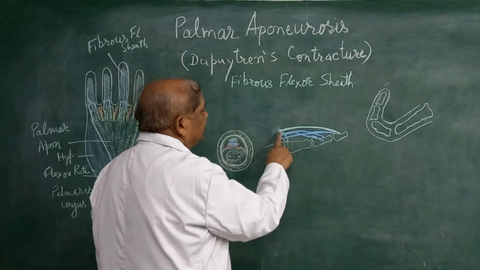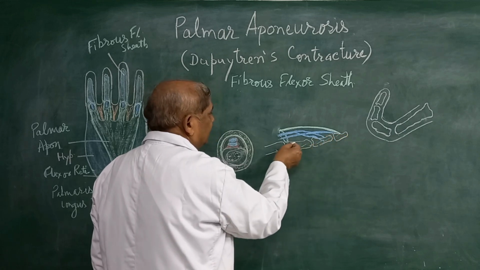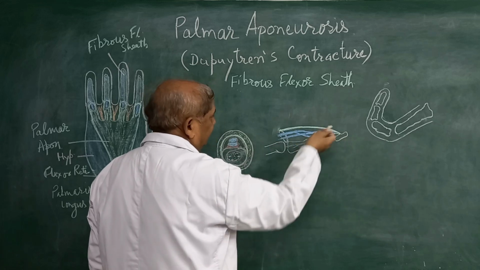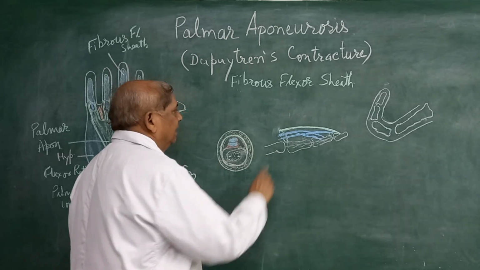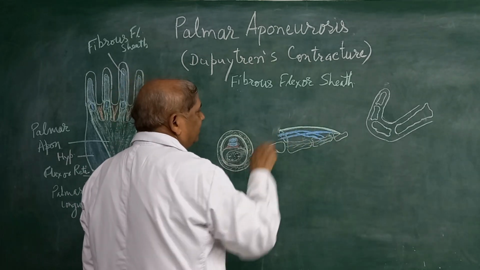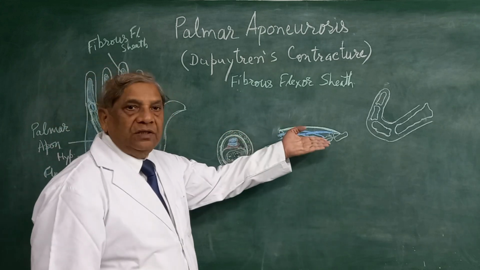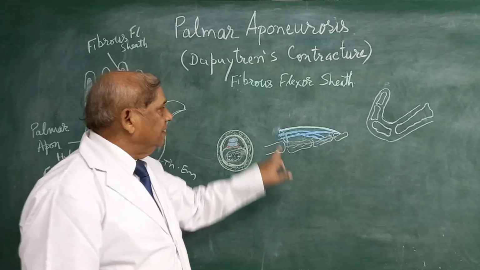This fibrous flexor sheath is attached to the margin on the lateral and medial aspect, and this forms a tunnel. In this tunnel on the ventral aspect go the 2 tendons.